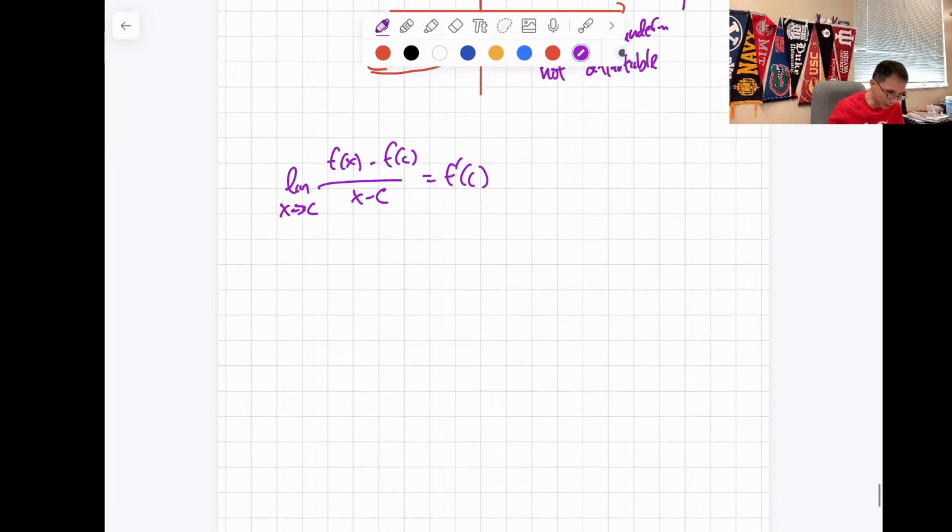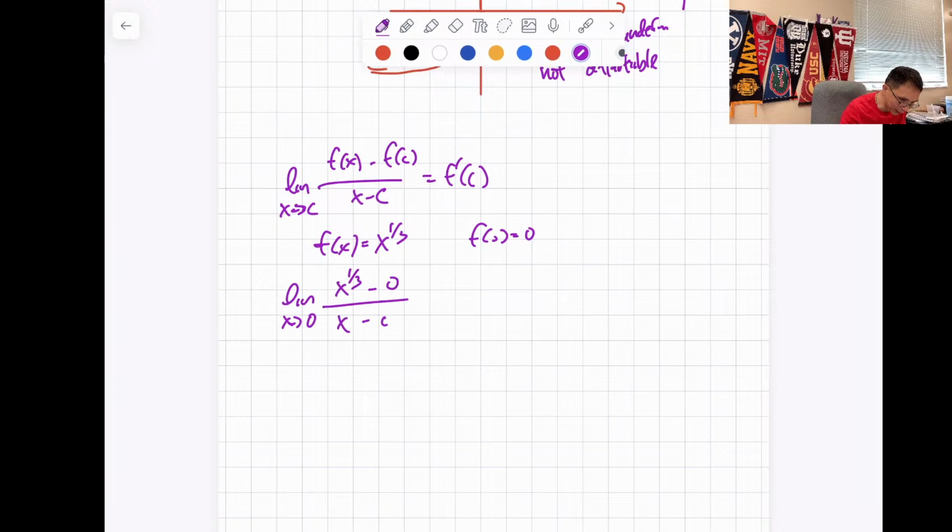What does that mean? If I have f of x equal to x to the 1/3, then the limit as x approaches 0 of x to the 1/3 minus, if I plug in f of c, f of 0 is equal to 0, so it's 0, over x minus 0. Is that okay?